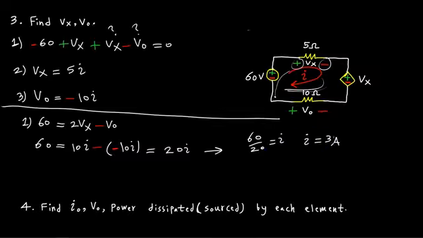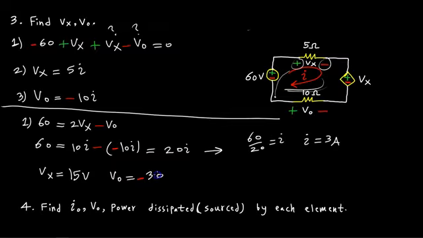And we're getting a positive value, which means that the current is indeed flowing in the initial direction indicated. Now we're going to find Vx by simply plugging I into this equation. So that's 5i, which is 15 volts. Then we're going to have V0, which is equal to negative 10i. We put that 3 in there, we're going to get negative 30 volts.